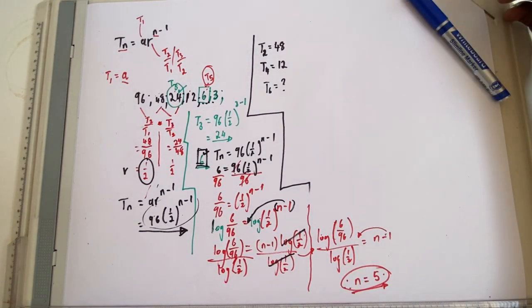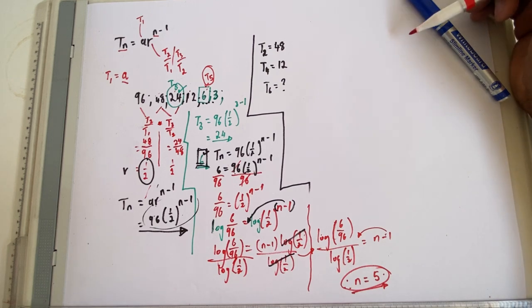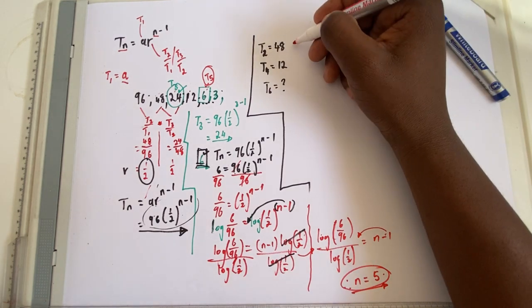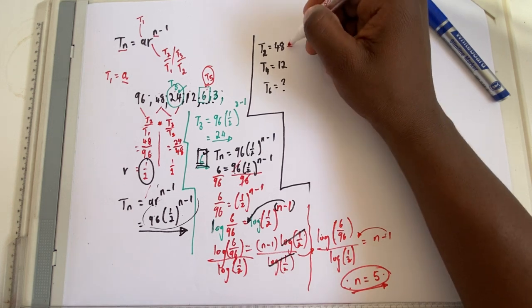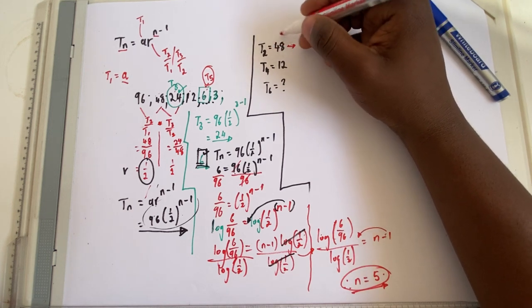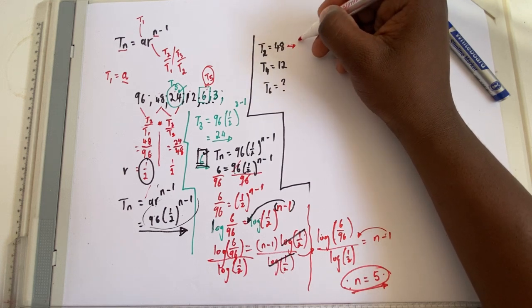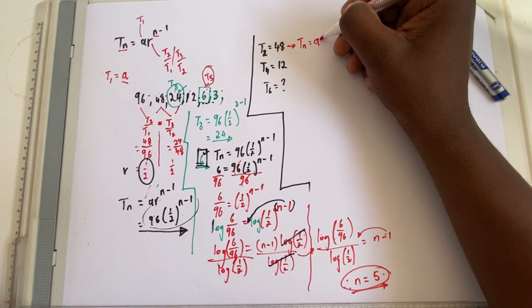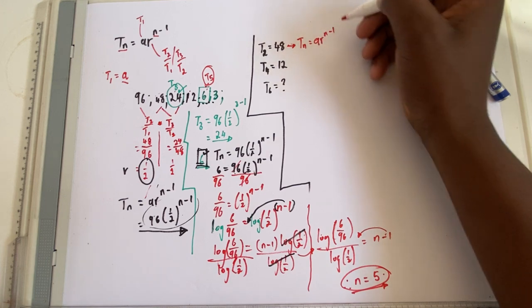With what I have been given here, I'm going to say that term number 2 is going to be 48. I write the formula: Tn is equal to Ar^(n-1).